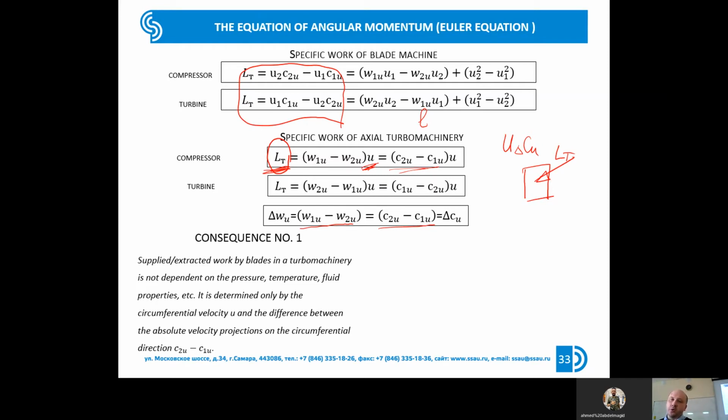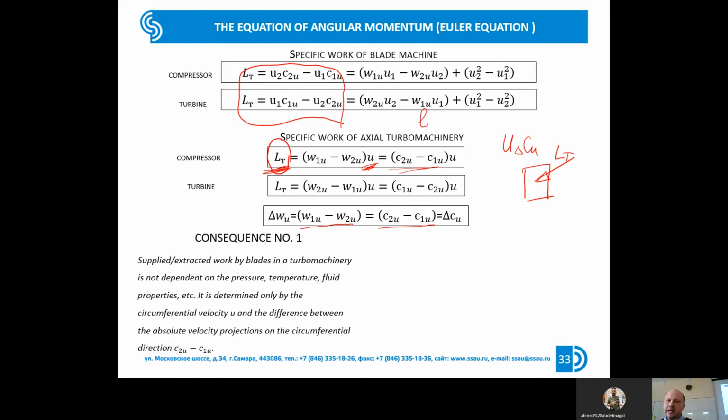What does it mean? For example, it means that this work does not depend on the temperature, does not depend on the... Think about it.